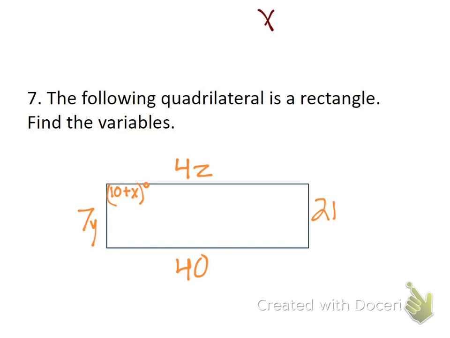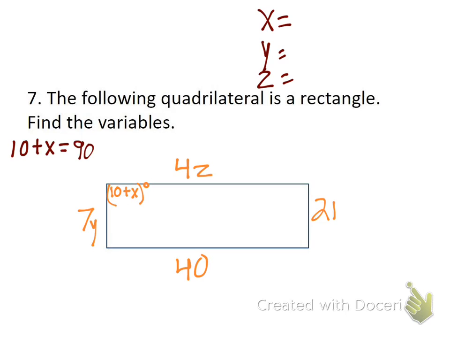We are looking for an x, a y, and a z. We're almost done. It's our last one. Okay, how would we solve for x? This is a rectangle. 10 plus x equals what? 90.